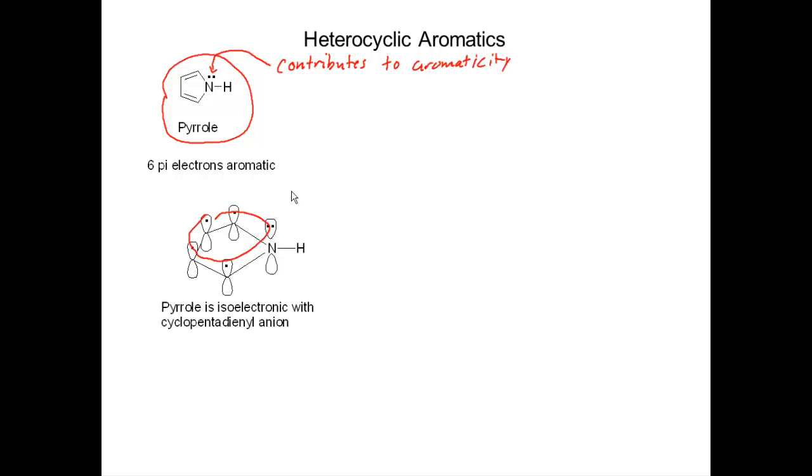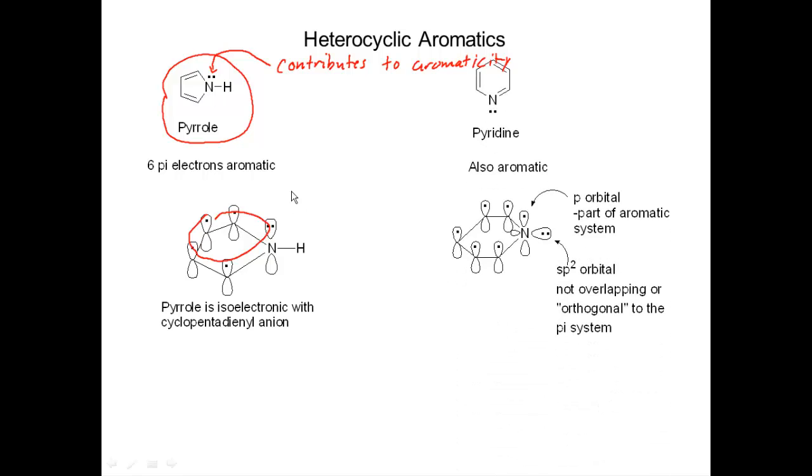So we can use the lone pair of a heterocyclic ring to contribute to aromaticity. We can also have nitrogens substituting for carbons in benzene rings, and in this case, let's look at pyridine.